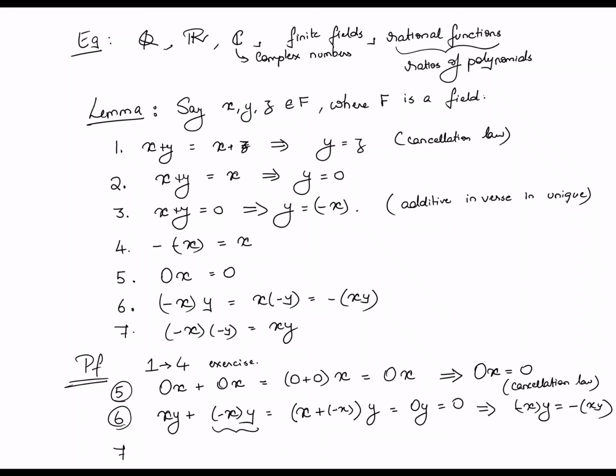Number 7. I want to prove that minus x times minus y is equal to xy. So let us see how to go about doing that. Minus x times minus y is of course going to be equal to minus of x times minus y, from property number 6.